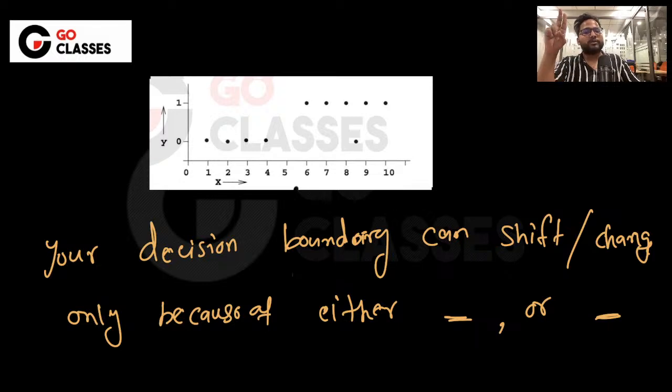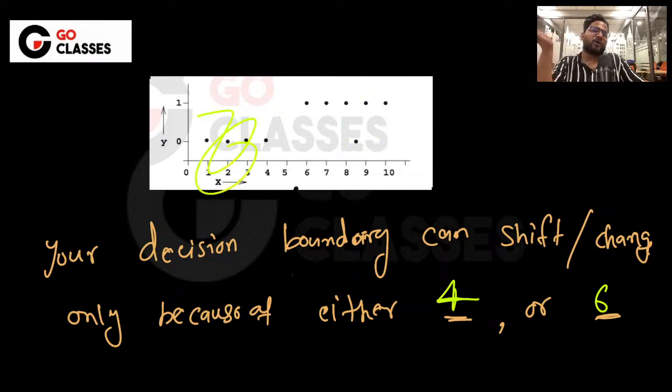What are those 2 points? Those 2 points are 4 and 6, isn't it? If you remove this or this, then there was a chance. Currently the decision boundary is 5, but because of this it got shifted to 4.5, and because of this it got shifted to 5.5. So either 4 or 6. Other than these, it's not an issue.